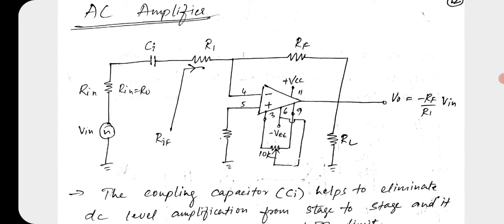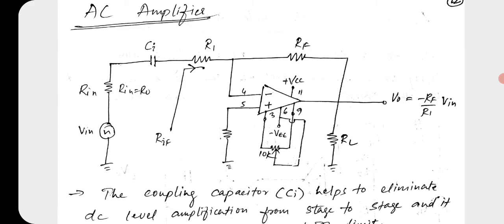In between, there will be a dielectric medium, which acts as an insulating wall, right? When you apply a voltage, charges will deposit on the positive and negative plates. So DC will be blocked.